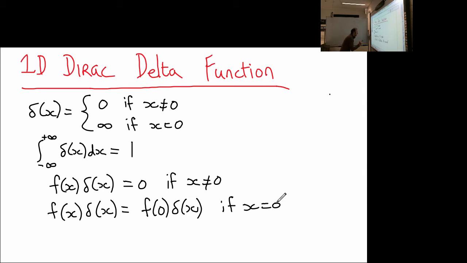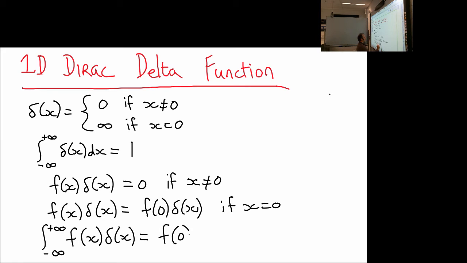Now, we can also take this a bit further. We can also do the integral from minus infinity to plus infinity of f of x delta x. And here what we find is that we can bring the value of our function at x equals 0 outside the integral. So we're left with the integral between minus infinity and infinity of delta x.